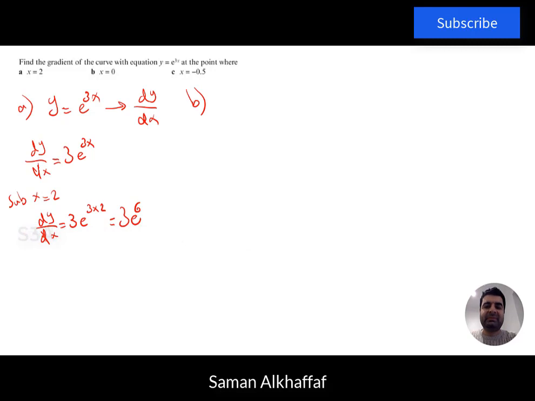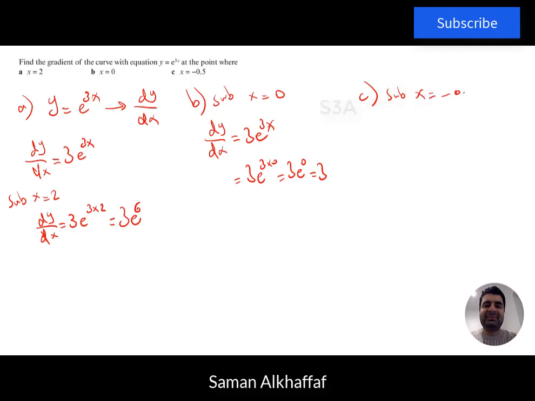For part B, we sub x equal 0, and we know dy over dx is equivalent to 3 e to the power of 3x, so that will be 3 e to the power of 0, and that will give us 3, which will be our answer for part B. For part C, sub x equal minus 0.5.